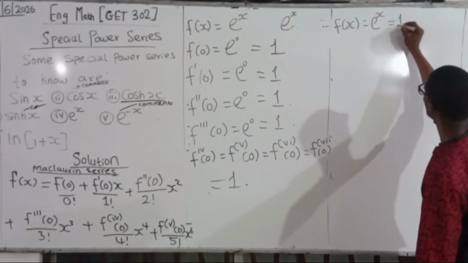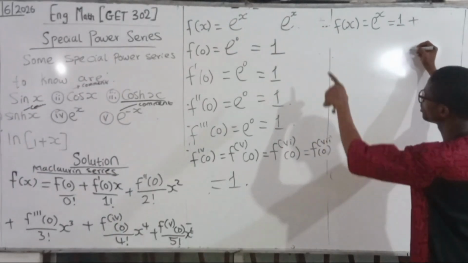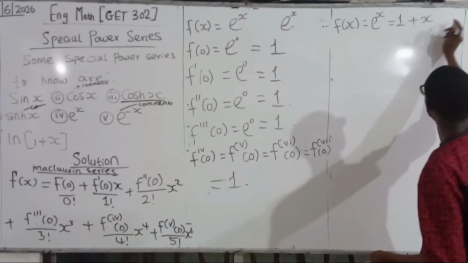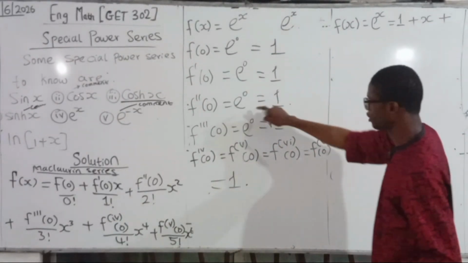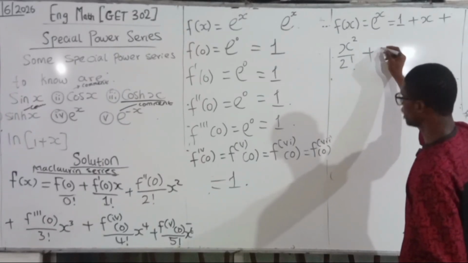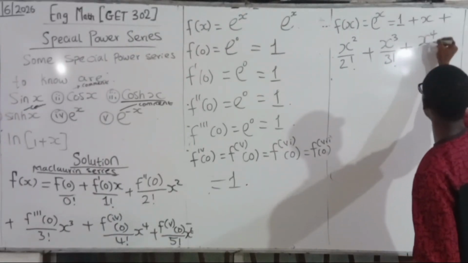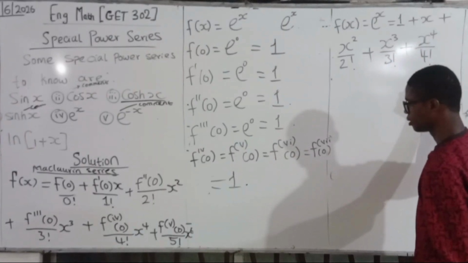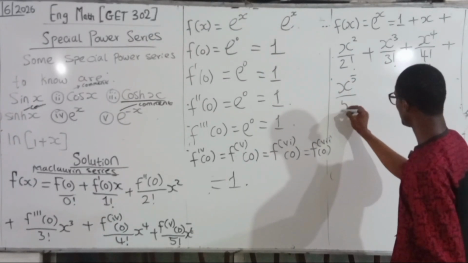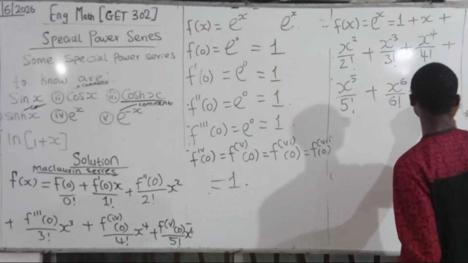Our f of 0, remember, was 1 all over 0 factorial. 0 factorial is 1, so it gives you 1 over 1, which is 1, plus f prime of 0. f prime of 0 is still 1, so it will be x all over 1 factorial, which is still x. Plus f double prime of 0 gives 1 multiplied by x squared, which is still x squared all over 2 factorial, plus x cubed all over 3 factorial, because it's still 1, plus x to the power of 4 all over 4 factorial, plus x to the power of 5 all over 5 factorial, plus x to the power of 6 all over 6 factorial, plus x to the power of 7 all over 7 factorial, and it keeps going.